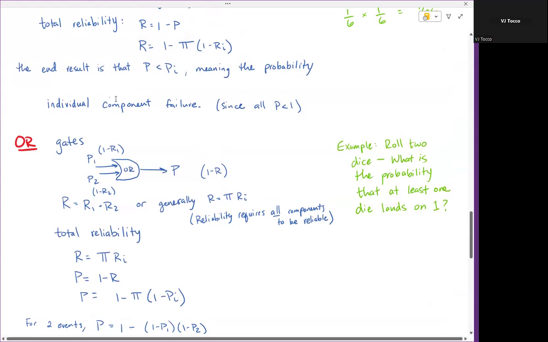Just like the AND gate reduces the component failure, things connected with an OR gate are much, much worse. So AND gates are good, OR gates are not quite as good. In fact, OR gates are actively bad, because the more components you add, the more chances things will fail.